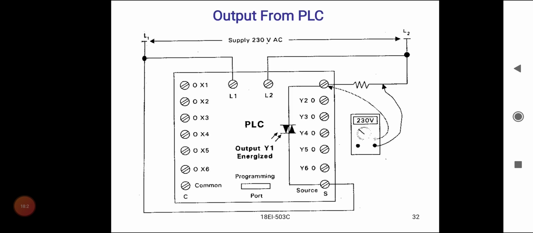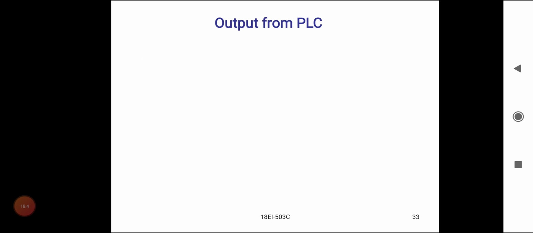Output from PLC. L1 and L2 have a supply of 230 volts AC. A multimeter is connected between the output terminals.